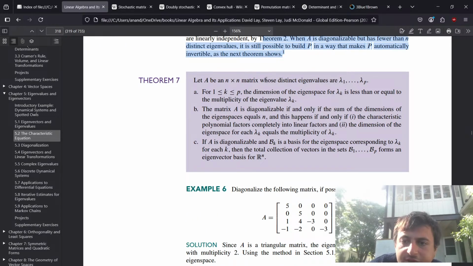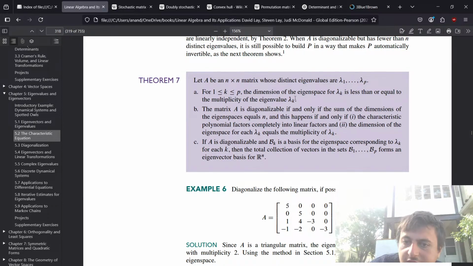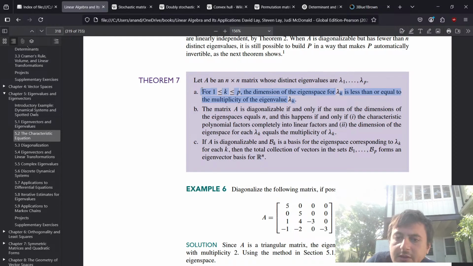Let A be an n by n matrix whose distinct eigenvalues are lambda 1 through lambda p. For k between 1 and p, the dimension of the eigenspace for lambda k is less than or equal to the multiplicity of the eigenvalue lambda k.